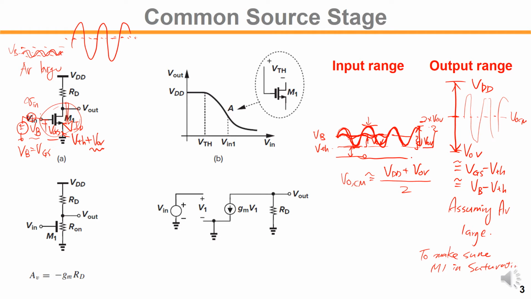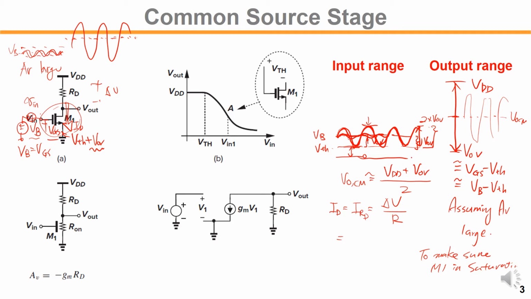Once that is determined, then we know the ID current, that is the same as the current through the RD. That would be delta V over R. So what is the delta V across the RD?